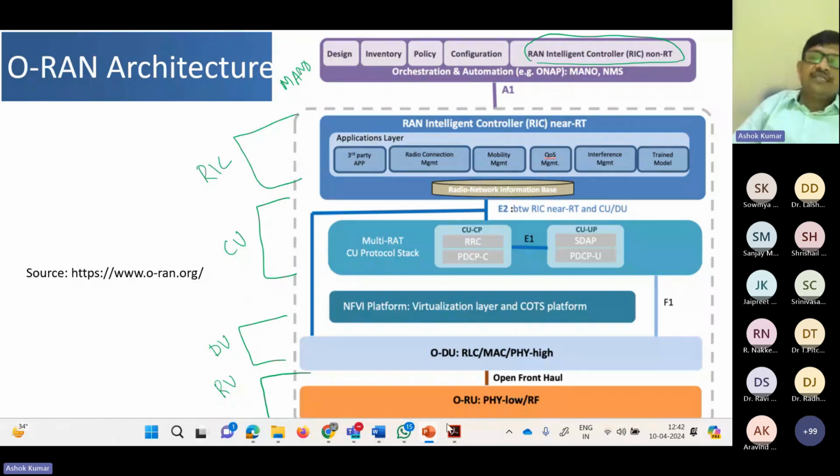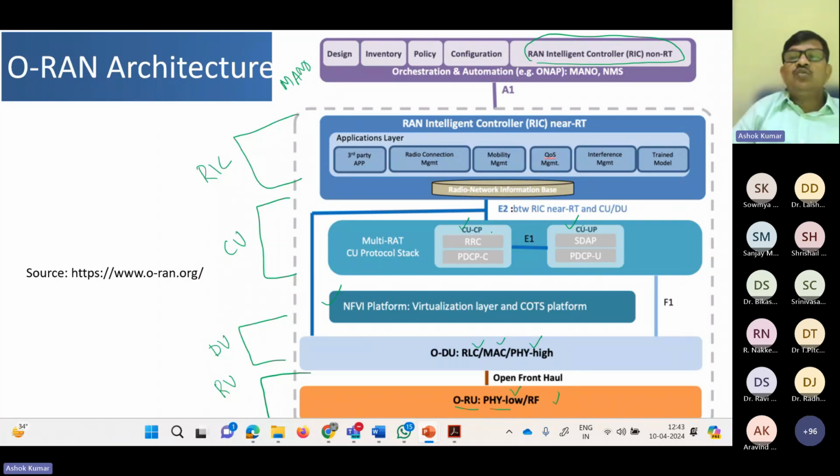If you look at this architecture, as we discussed, in the Open RU they are handling the lower part of the physical layer and RF. At the DU, they are handling RLC, MAC, and the higher part of the physical layer. So that is RU and DU. The CU is deployed on a virtualized infrastructure, on any COTS platform. There they follow the 3GPP split of the CU into two parts, CU-UP and CU-CP.